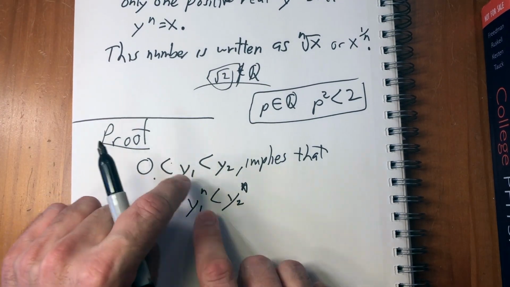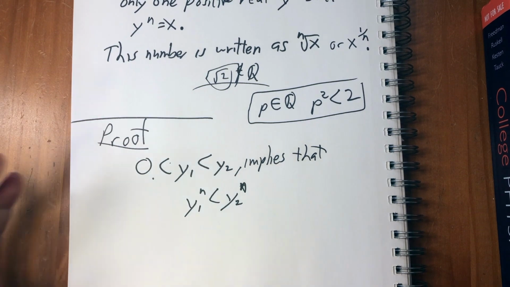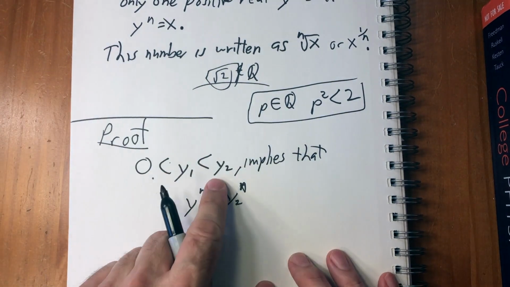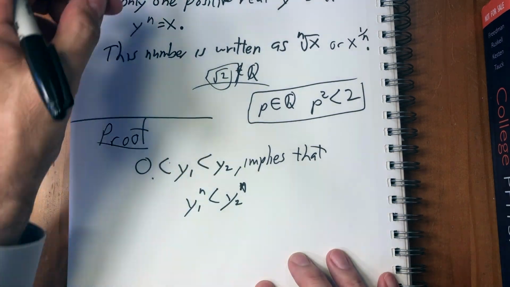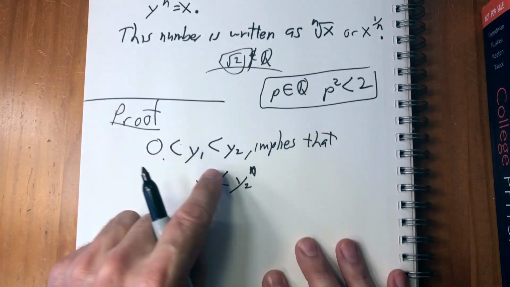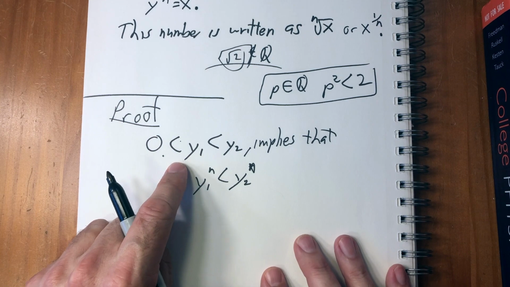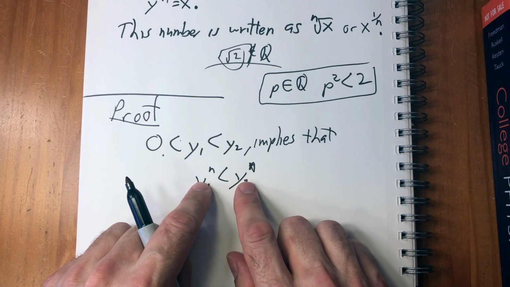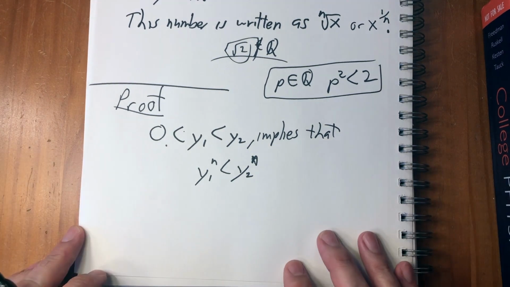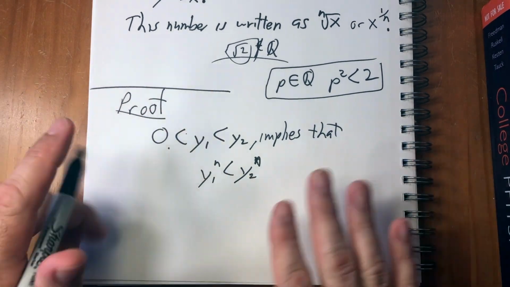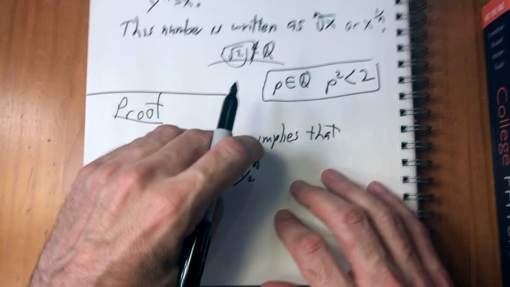If one of them equals x, then it's going to have to be smaller than the other one. So did that make sense? If we have two separate numbers that might be the root of x, then one of them is going to have to be less than the other one. And if that's true, then one of the powers is going to have to be less than the other one as well, so they can't possibly both be x. Okay, so if we can find an answer, it will be unique.